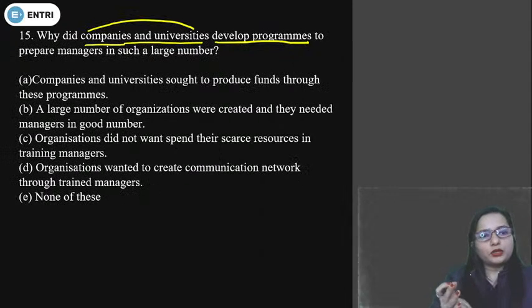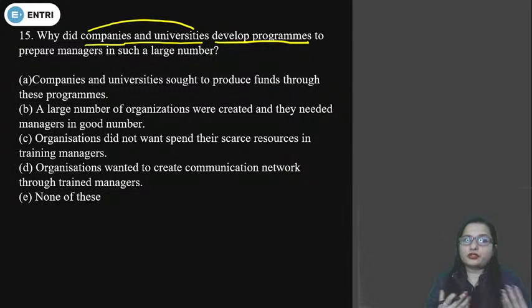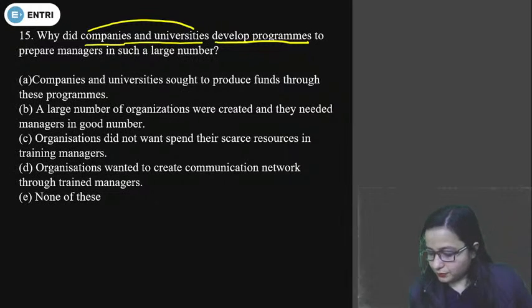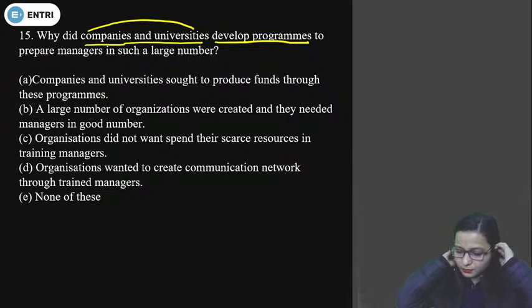Okay, so coming to the 15th question, or the first question of the passage, we have these options. Try to figure out where you could find your answer for this question. Where could you find the answer for this question, guys?